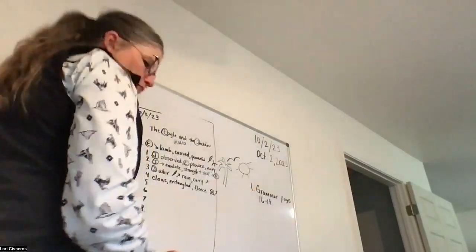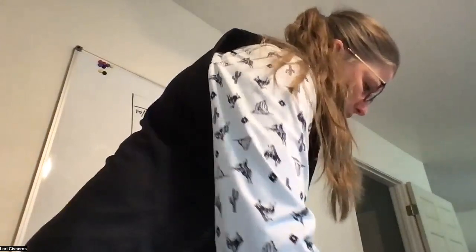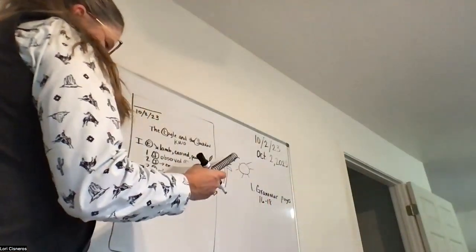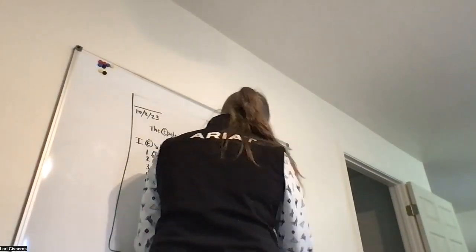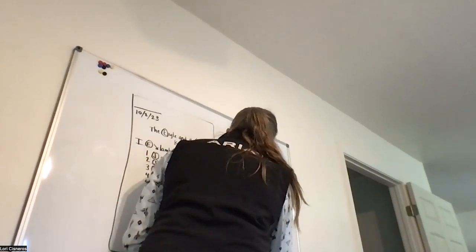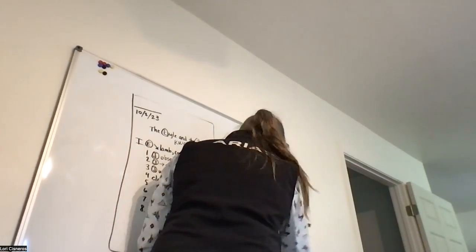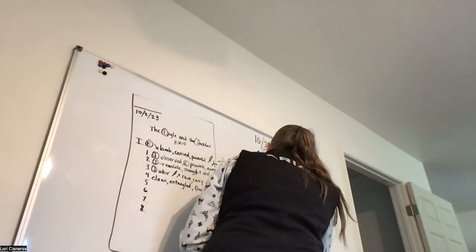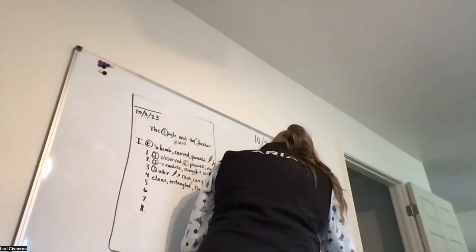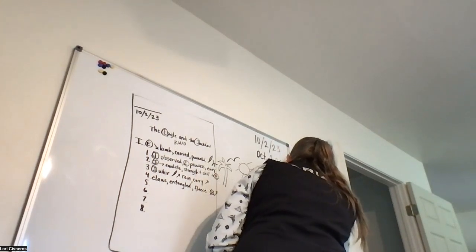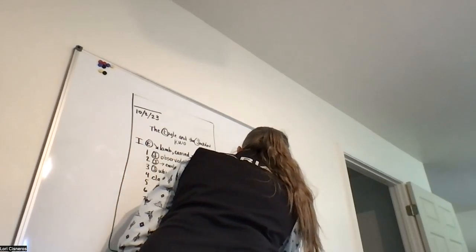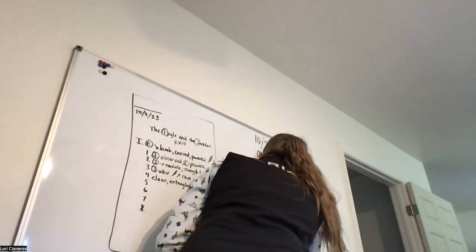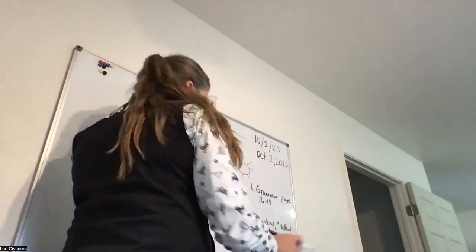But I do wanna talk to you before you go about the who, which clause. For example, if I have this sentence, and you don't have to write this down, you can just look at what I'm doing here. The children asked, what kind of bird is it? That is a complete sentence.